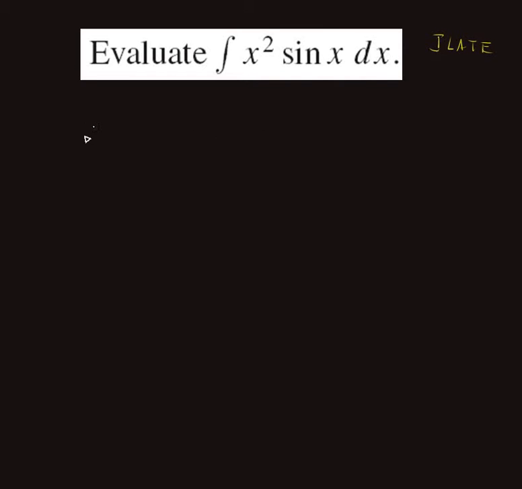So let u be equal to x squared. du is going to be then 2x dx. dv, this is how it always works. You choose u and find du, and then dv, and then integrate dv. And dv is going to be sine of x dx. And v is, what is the integral of sine x dx?